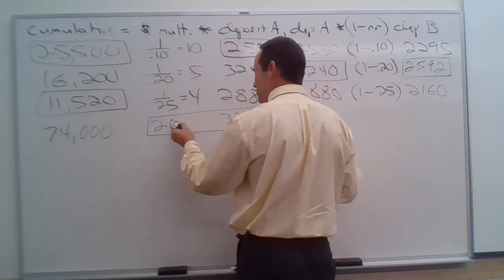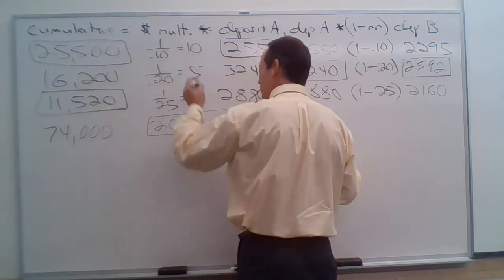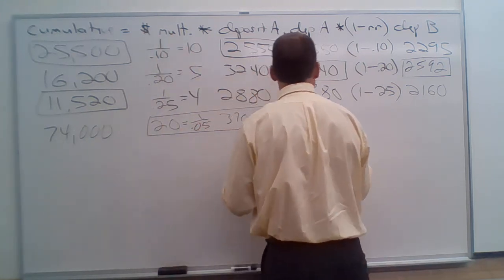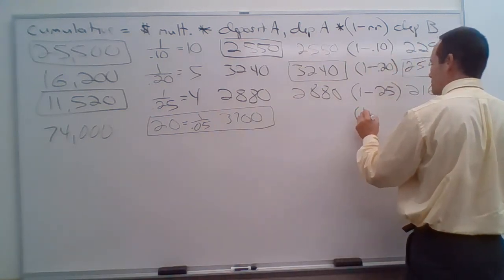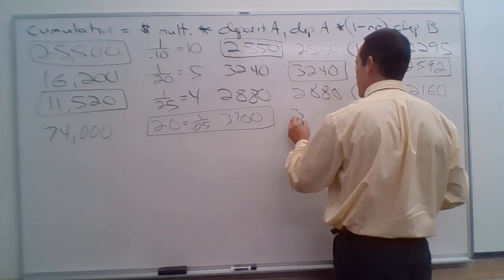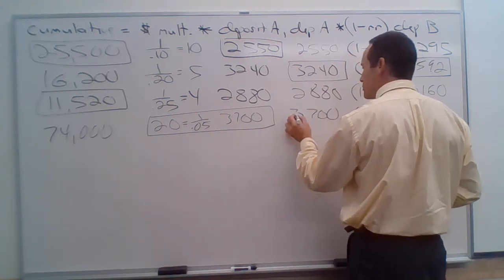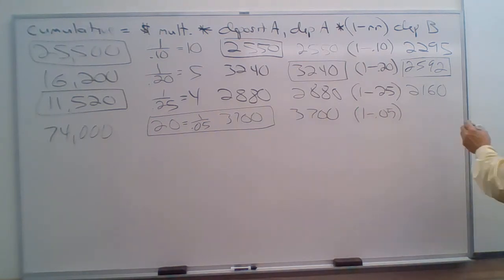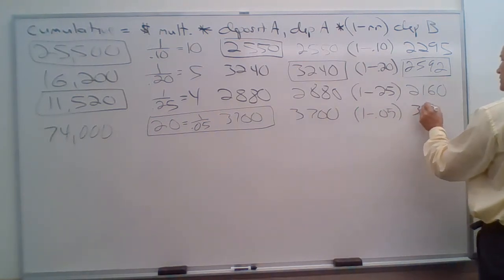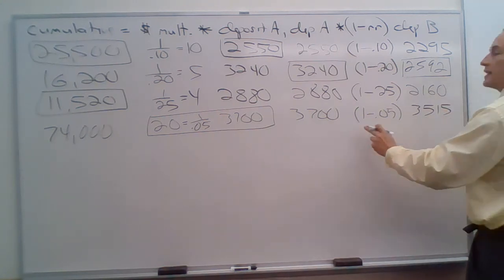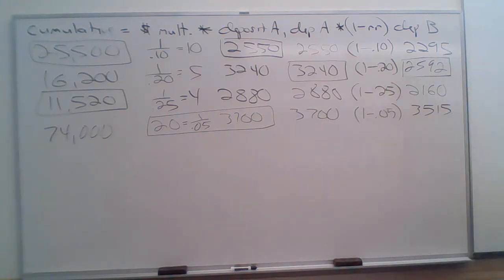If the money multiplier is 20, the reserve ratio is a nickel, or 5%. So 95% is allowed to be passed through. So for 3,700, 10% of that would be 370, and half of that being held back would leave us with this. So 3,515 is 95% of 3,700.